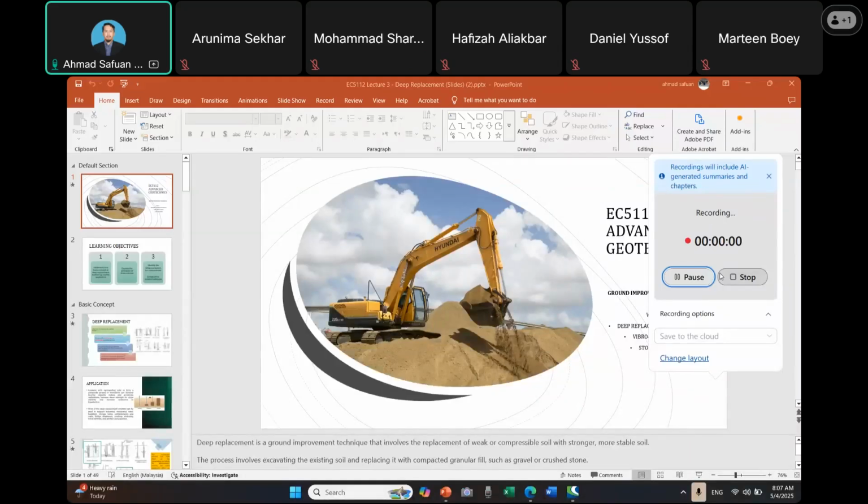The concept of this deep replacement is to improve the weak or problematic area and replace it with a stronger and stiffer material, to become a more stable soil.